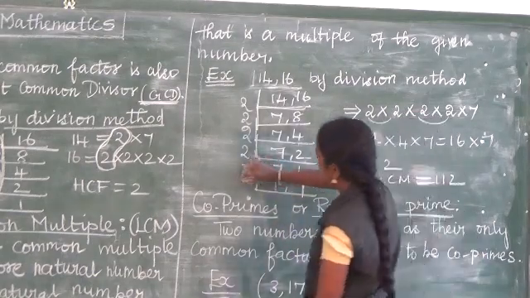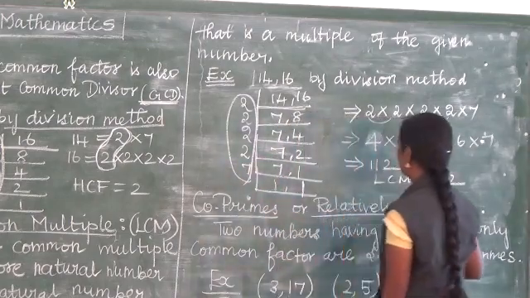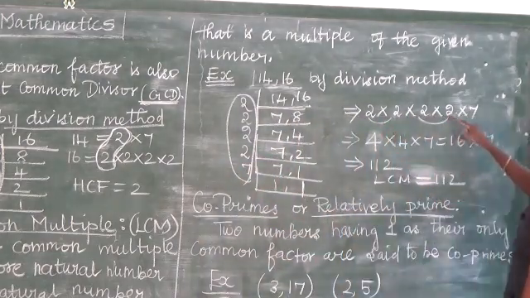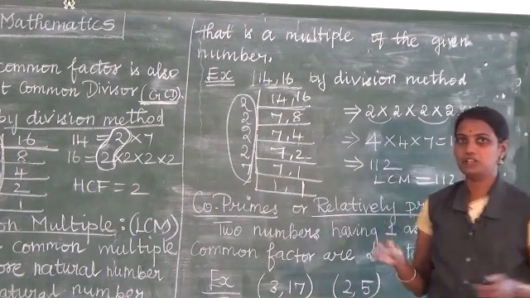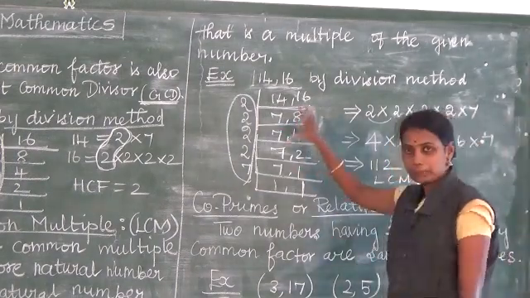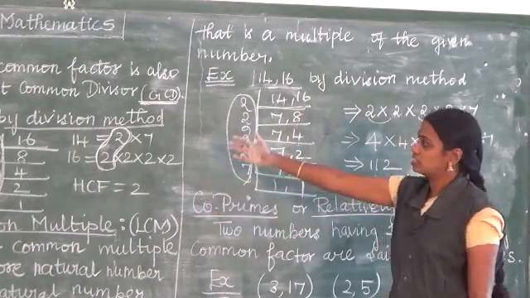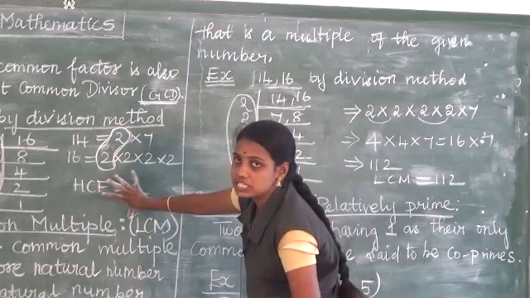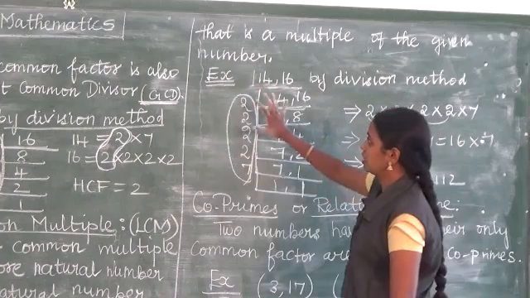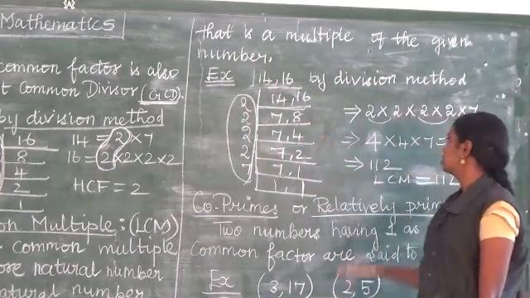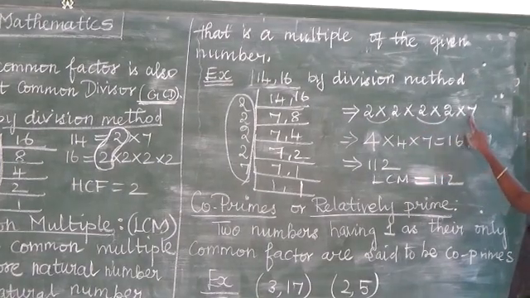Now these are called the factors. Multiply the factors: 2 into 2 into 2 into 2 into 7. Here we don't want to take the common multiple, because this is the direct method. In HCF we took the common factors. This will be the easiest method: when you go for LCM together, everything will be in these factors. 2 2s are 4, 2 2s are 4, and 7.